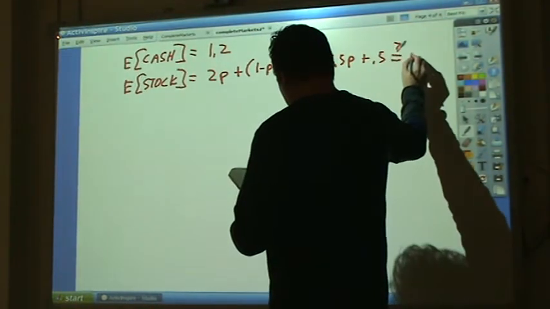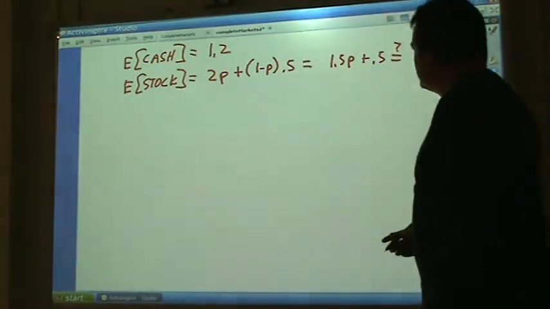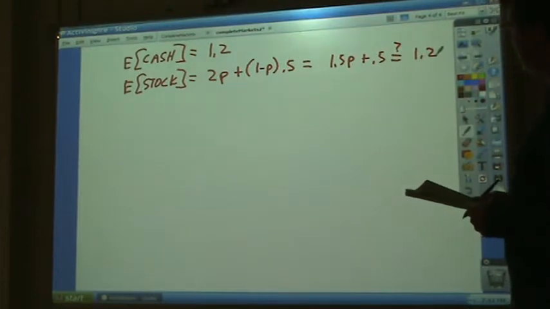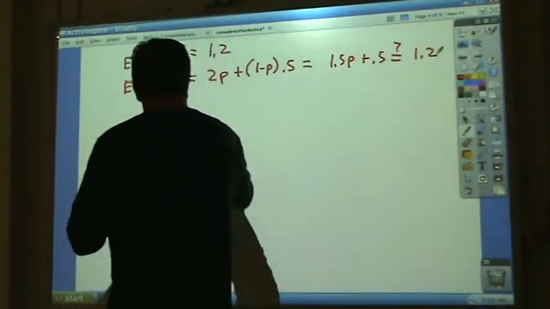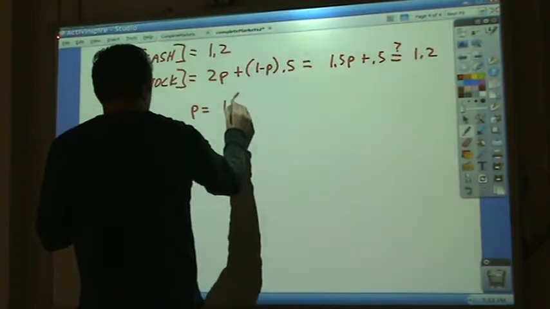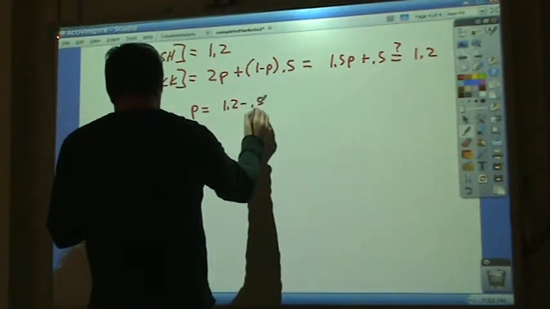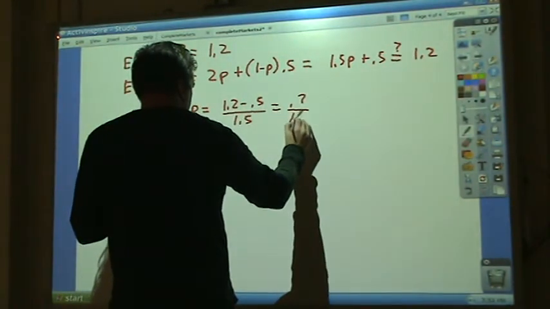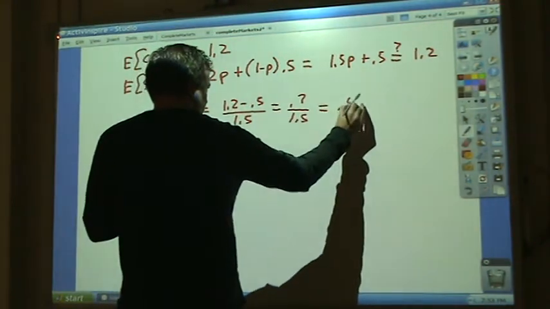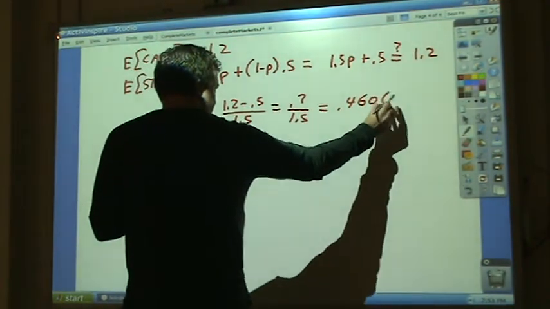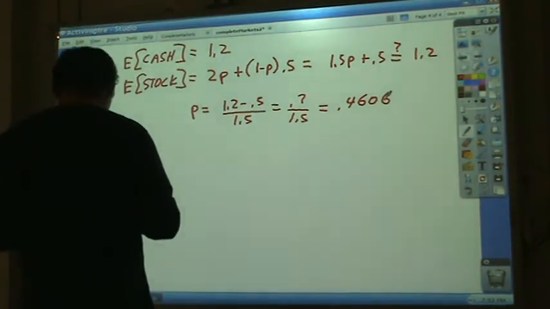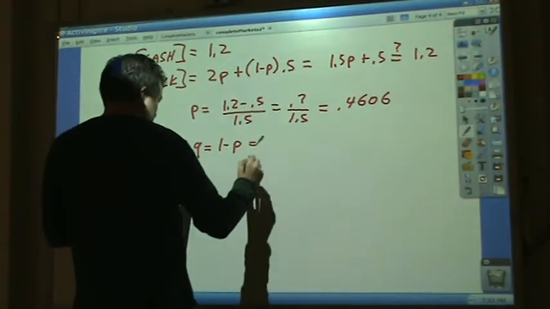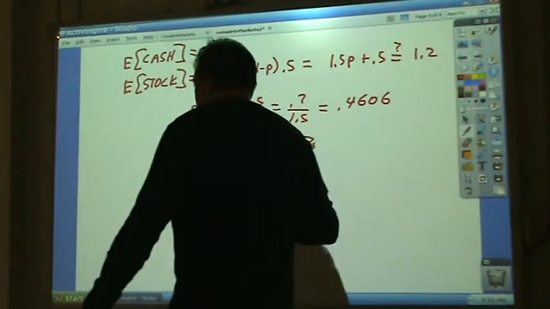When does that equal 1.2? So P equals 1.2 minus 0.5 over 1.5, 0.7 over 1.5, equals 0.4606. And then Q equals 1 minus P equals 0.5333.